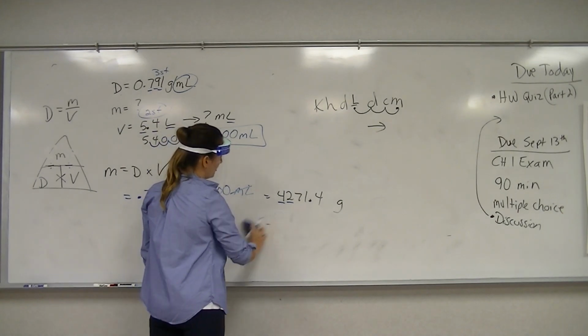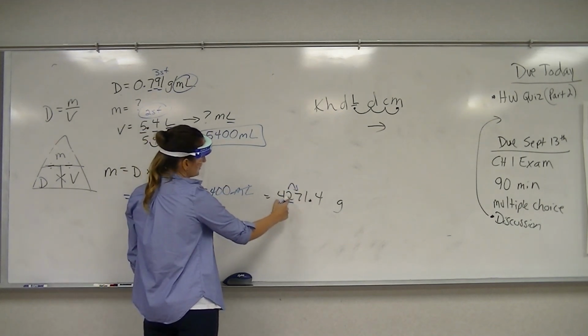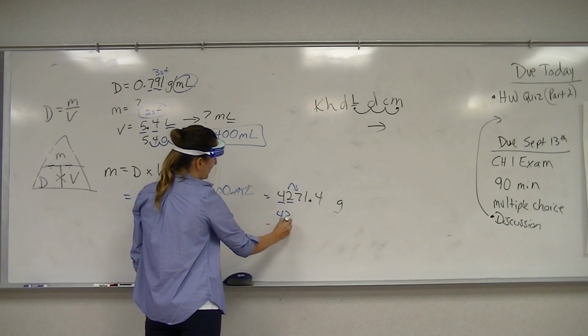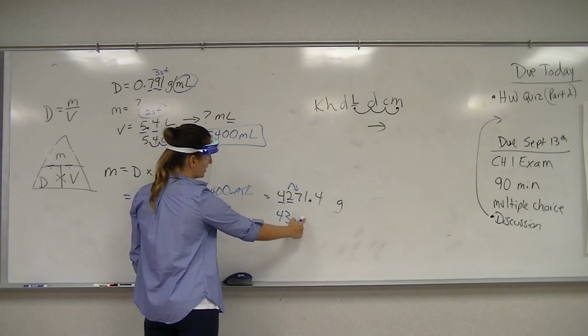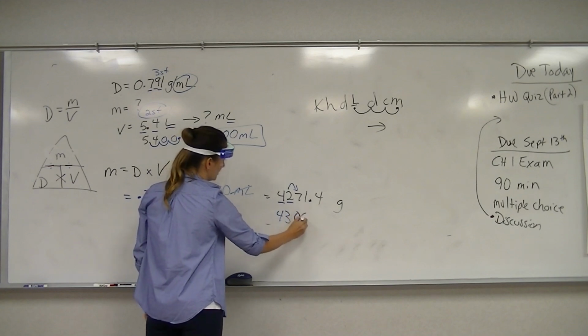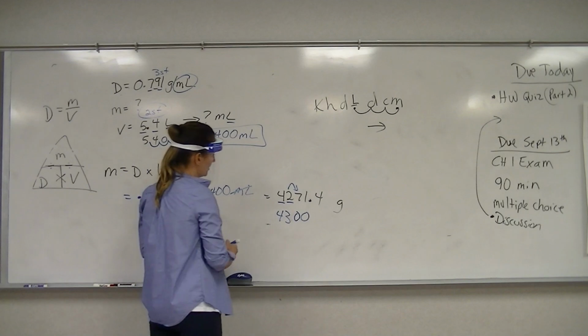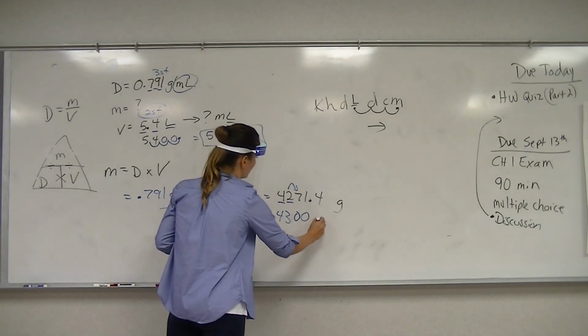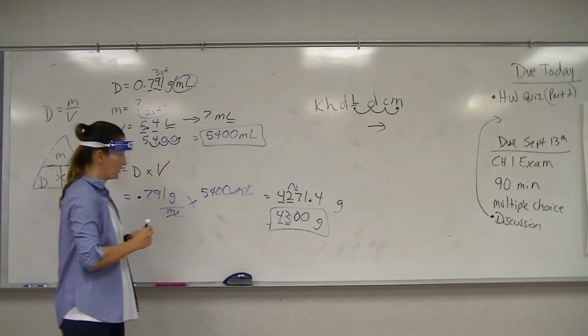I'm not going to write 42 at all, because I need to look at the number next to it. 43. But I can't go from 4,000 down to 43, so what am I going to put here? Zeros. So 4,300 grams. I still have 2 sig figs, and I'm still in the 4,000 range.